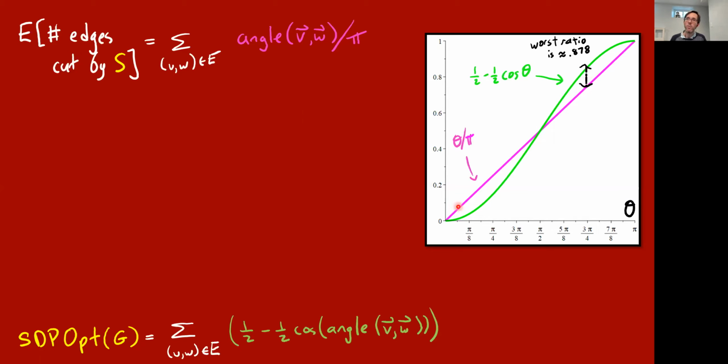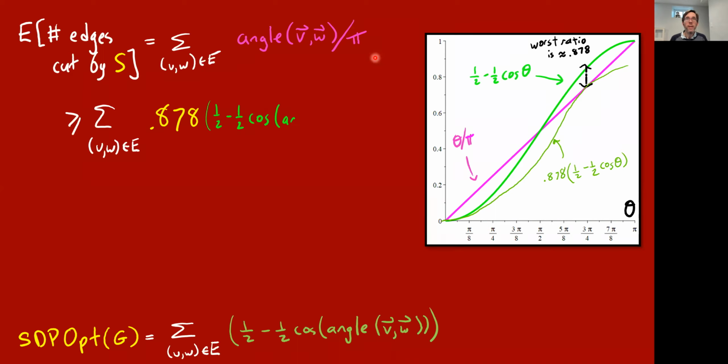Another way to say it is if you multiply this green curve by 0.878, which I've done in a charmingly homemade fashion here, freehand, you get this slightly darker, slightly thinner green curve, 0.878 times the expression with the cosine. And this new curve fits underneath the magenta line. Which means that the magenta expression is always greater than or equal to 0.878 times the green expression.